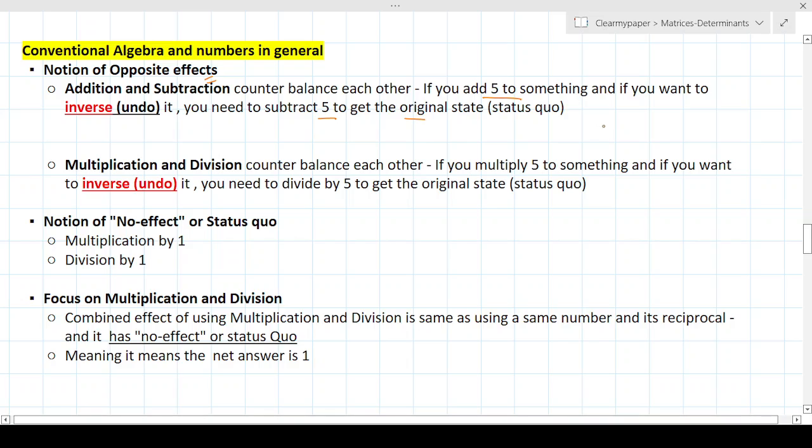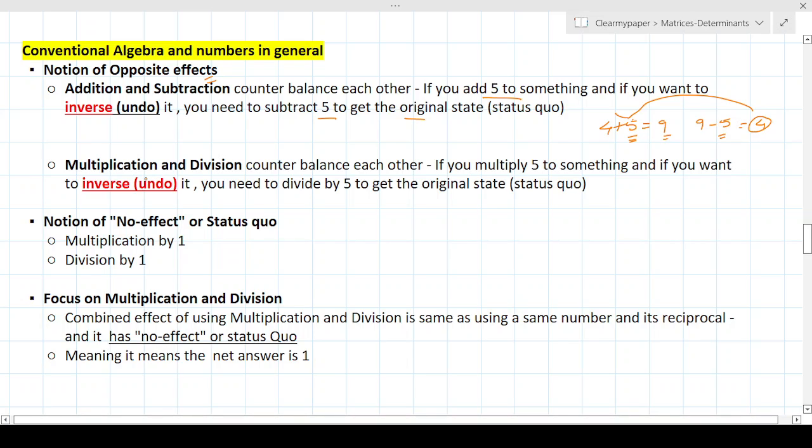For example, 4 plus 5 is equal to 9, but I don't want 9, I want to get back to 4. Then I say 9 minus 5. Whatever number I've added, I'm subtracting it to get back my original number 4. That's what I'm trying to do, right? So in that case, addition and subtraction have an opposite effect. They balance out each other.